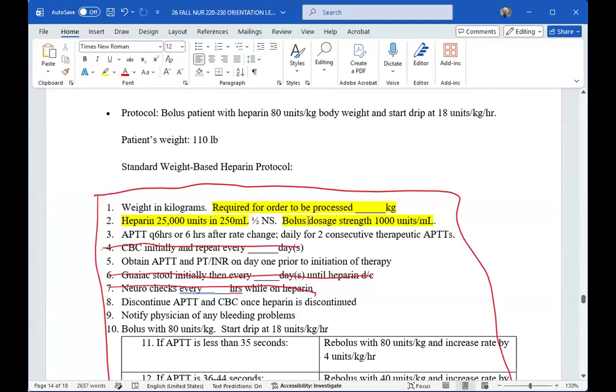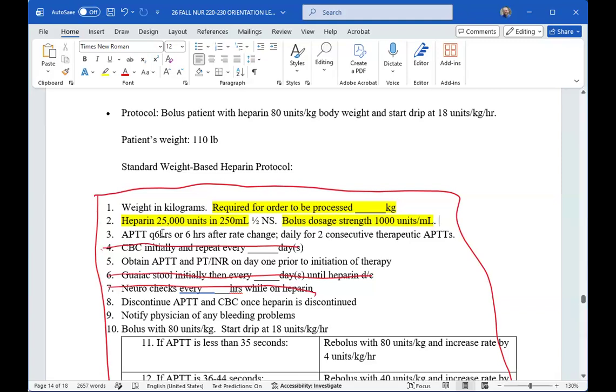These are the pieces of information that you need to know from the protocol so you know what to do with the information, because it's not going to ask you to calculate units. It's going to ask you to calculate milliliters. And so we need to know how to convert from units to milliliters, and these availables will help us do that.